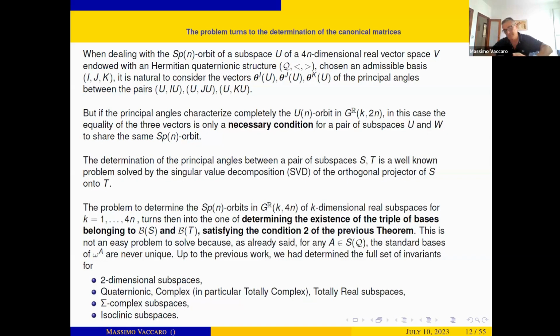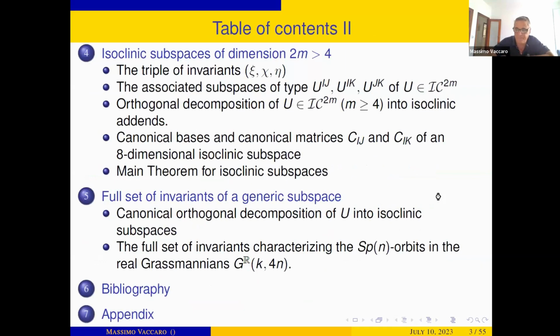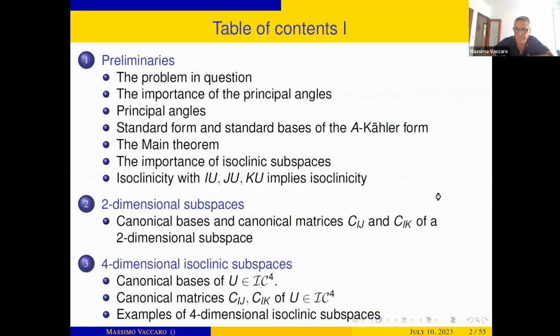So, more or less, going to the beginning, this is the table of contents of these slides. Many of them, I would say most, are slides of the previous seminar, because in that seminar I spoke of isoclinic subspaces.